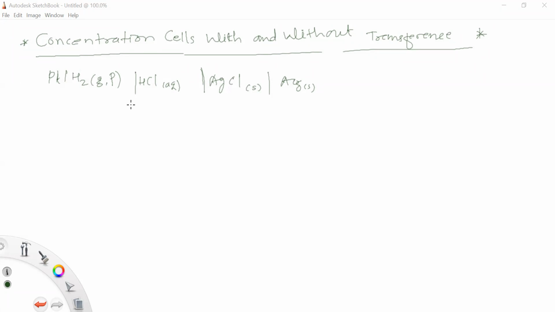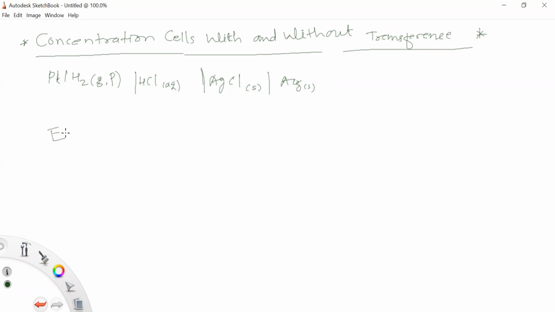Then we write the overall cell reaction, and from that we find the reaction quotient Q. Once we know the representation, cell reactions and reaction quotient, we are able to find the EMF of the cell. So we can derive the equation for the EMF of the particular cell.